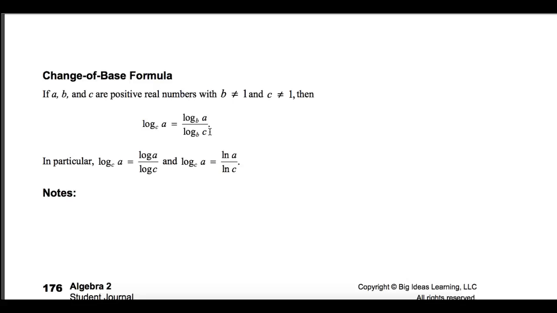Okay? So you're not just taking the log base 1 of anything here. They have to be real positive numbers, so anything greater than 1 or fractions would be fine. An example of this would be if we had, let's say, log base 2 of 3, and we wanted to convert this to common log.